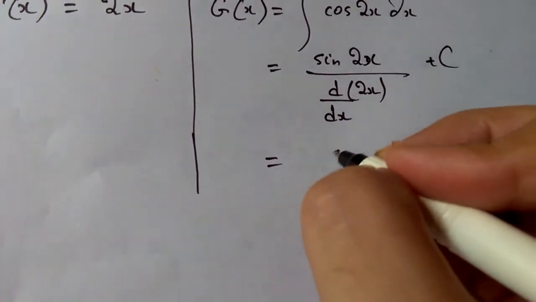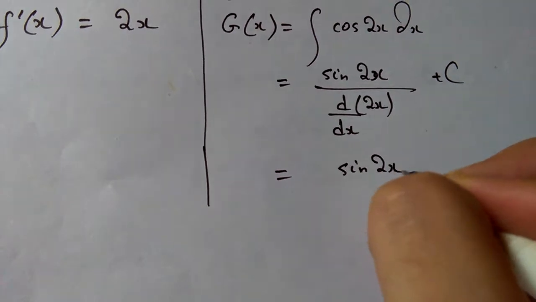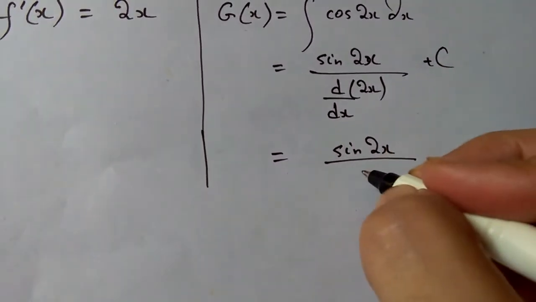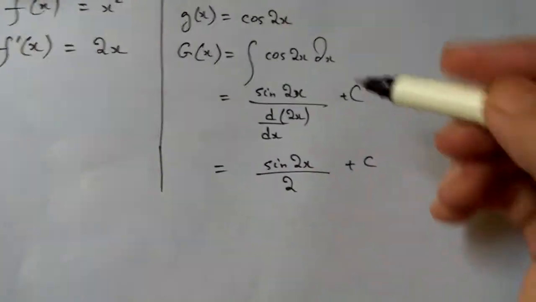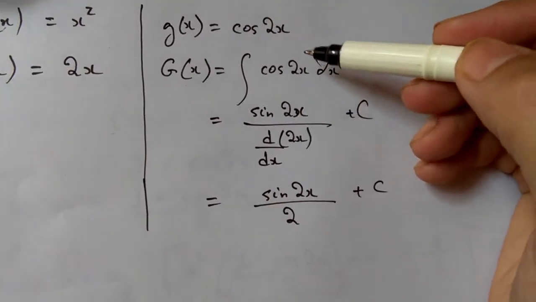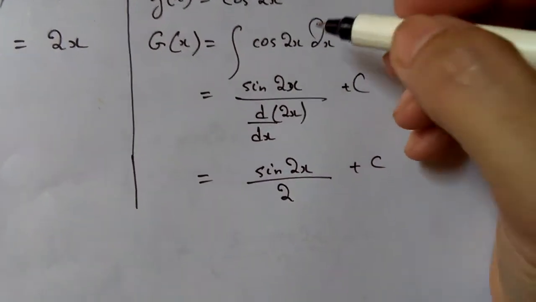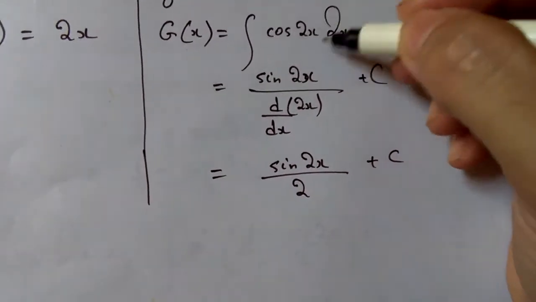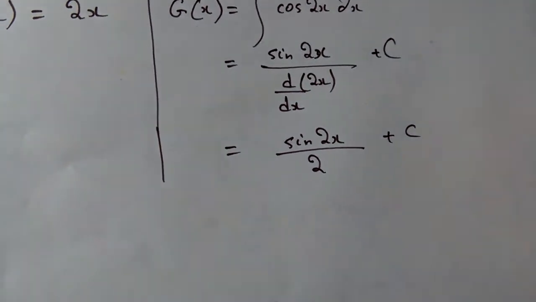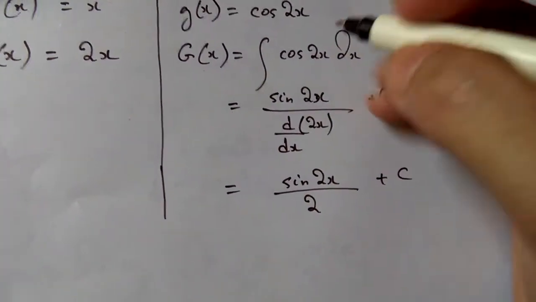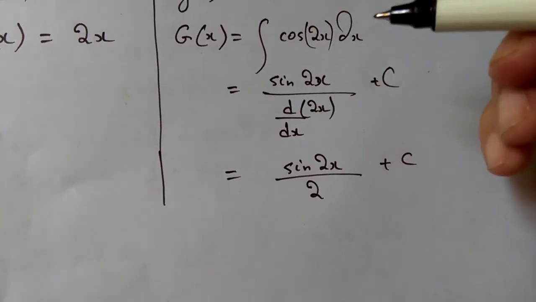The answer comes out to be 2. Let's see. So you can perform this integration by means of substitution, by substituting 2x equals u, and then carry on your work, and also you can do this directly because this angle of cosine was quite simple.